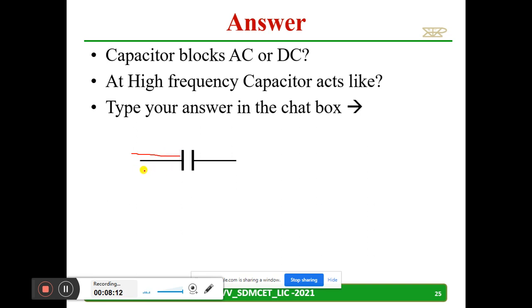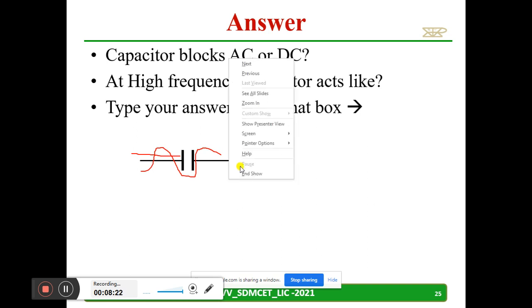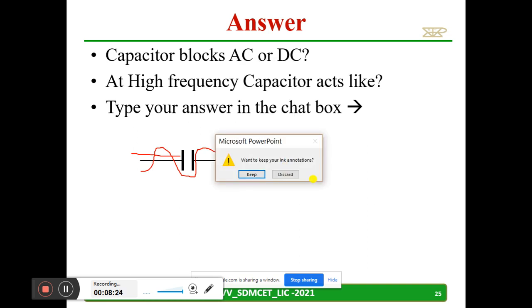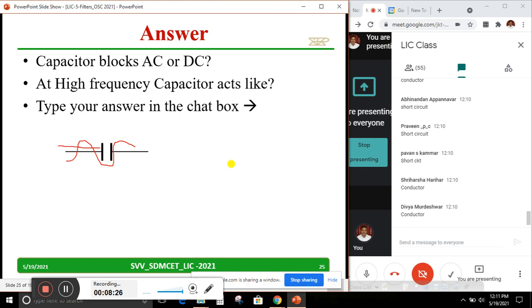But AC is coming like this and it passes. This is how the student explained to the teacher in the viva. I'm sure our students are not going to explain like this. And all of you know the equations, we have discussed everything in detail already.